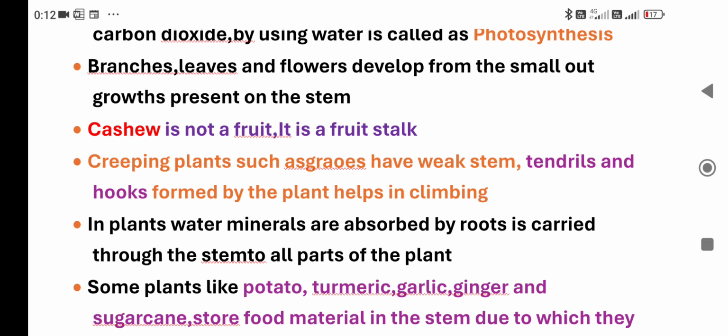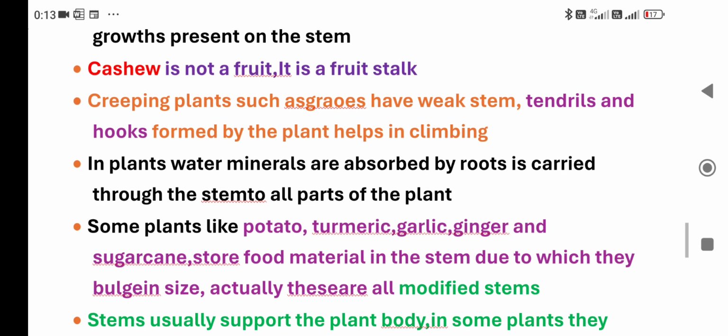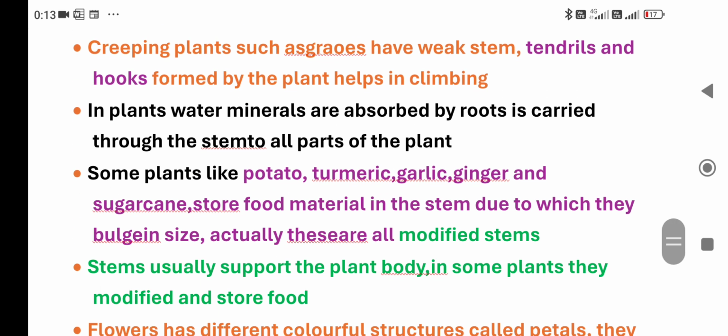They are known as tendrils and hooks, which give support to the plant by getting support from other plants. They are useful for climbing plants.